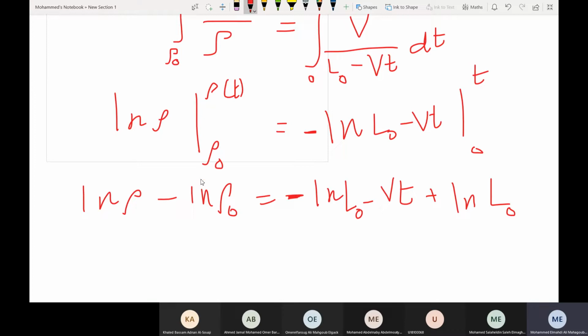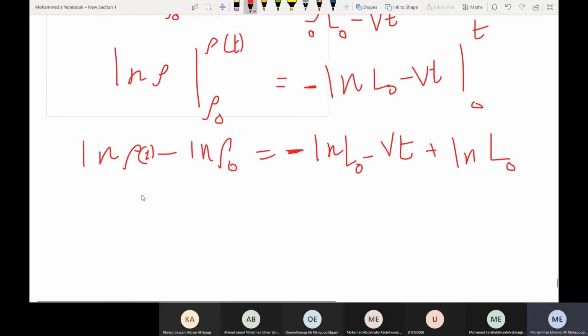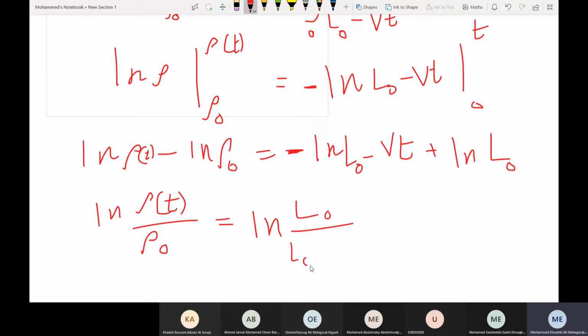At the end we need to get rid of the lns, because we want rho t as a function of the other variables. So let's do the division rule. ln of rho t over rho naught equals, the positive one is up, ln of L naught over L naught minus Vt. We can get rid of the lns together.